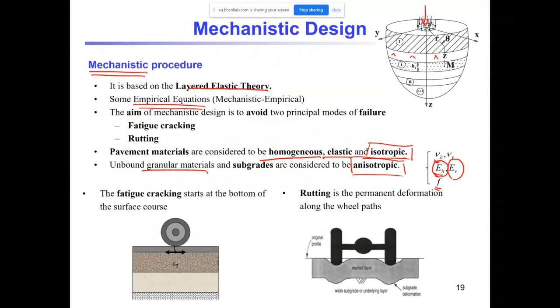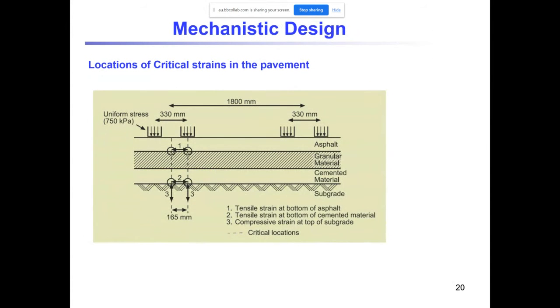So as I mentioned, for mechanistic design, we need to determine the strain inside the medium and then check whether our design is acceptable or not based on the strain we calculate. That strain is at the top of the subgrade, and it is at the bottom of the bound materials. But we need to know at which locations we have the critical or maximum strains in the pavement structure.